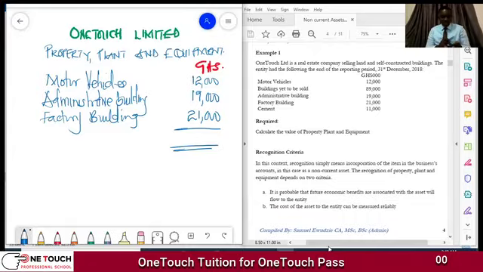So we have 12,000 plus 19,000 plus 21,000, and that gives us 52,000. So that is the property, plant, and equipment of the business. Okay, good. Let's carry on, because it's just to set the ball rolling. Let's move on.